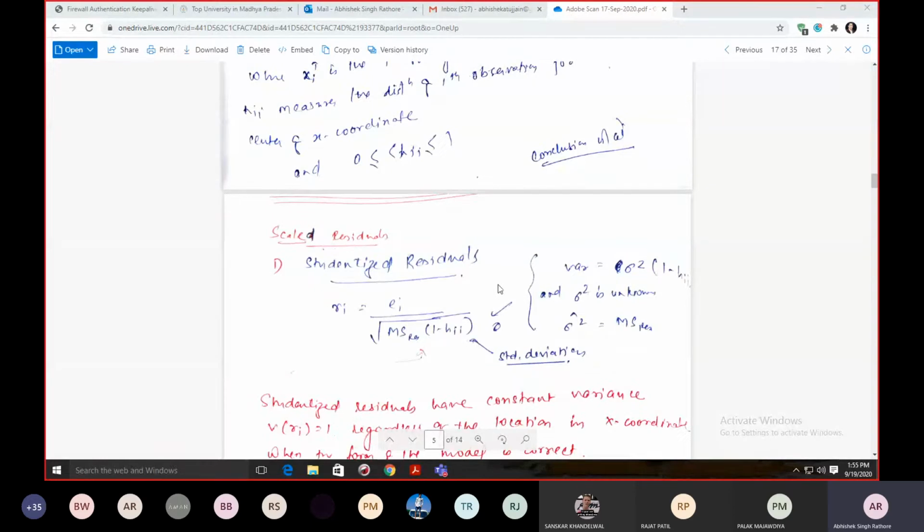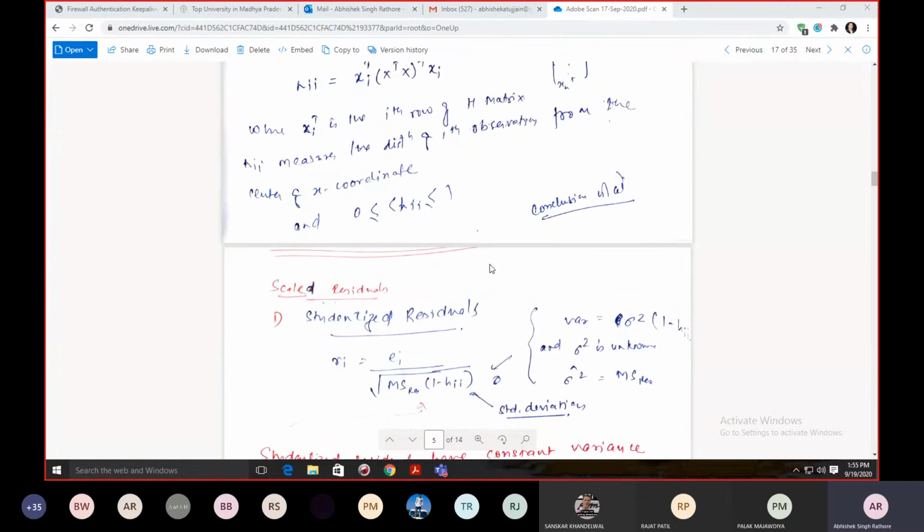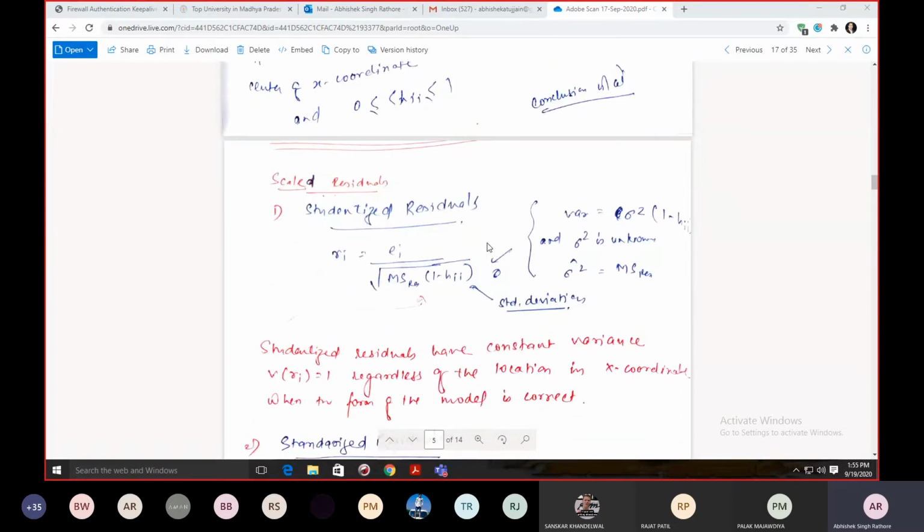Fine. So this is how we can calculate your hat matrix, and then we are going to calculate our residuals. We have different types of residuals available. So this is my residual, and this is my scaled residual. Why do we go for scaled residuals? Because we would like to normalize all those residuals.